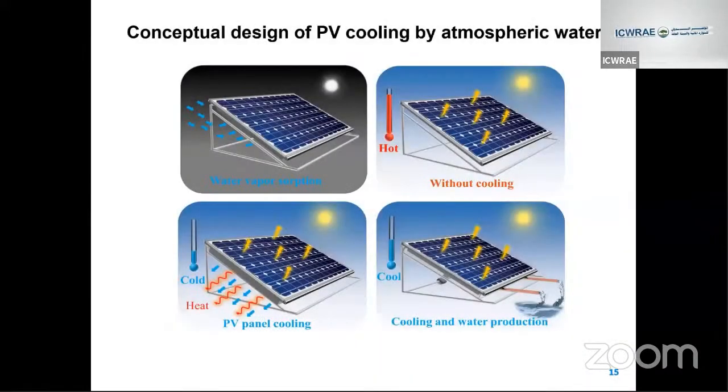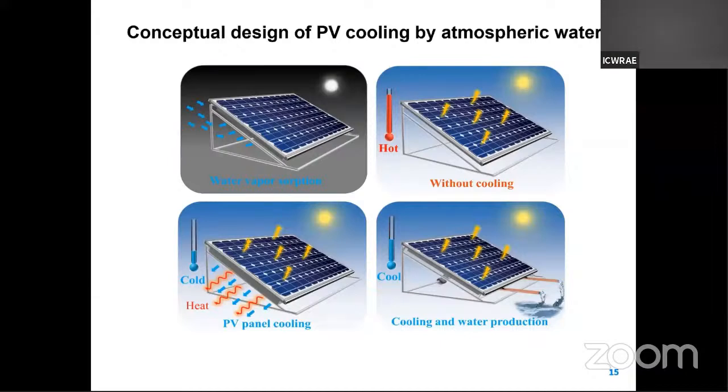So our design is this. If you have an atmospheric water vapor sorbent, you can put this directly on the backside of a commercial PV panel. Now, with this material on the backside of the PV panel, the material will regularly absorb atmospheric water vapor, typically in the evening time and at night when the temperature is low, when the humidity is high.